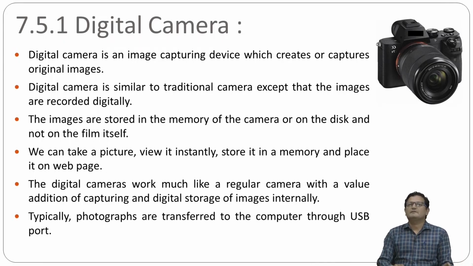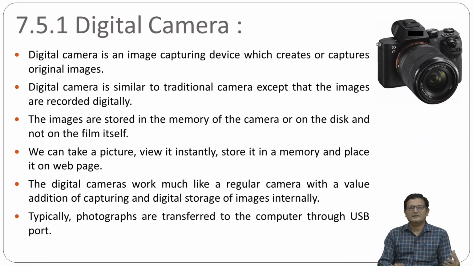Okay, so here we'll talk about the digital camera. A digital camera is an image capturing device which creates or captures the original image, right? So whenever you press a button, whatever image is there at that time will be captured by this particular camera. A digital camera is similar to the traditional camera, except that the images are recorded digitally, right?